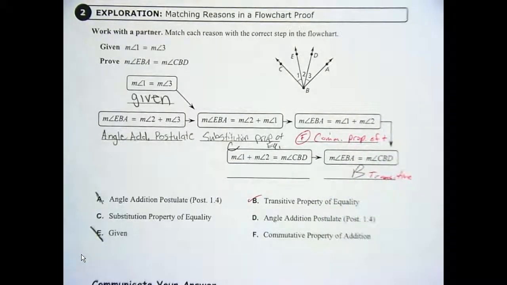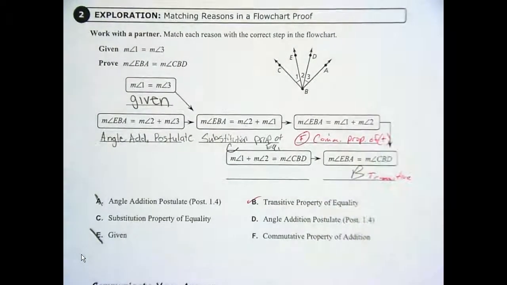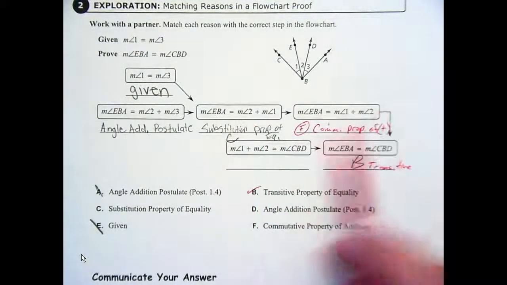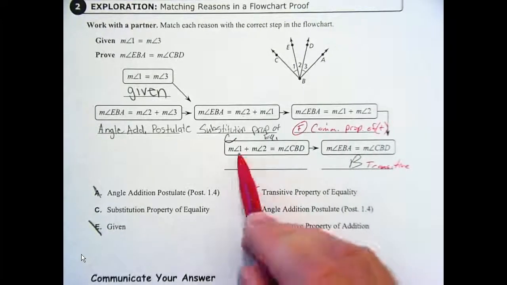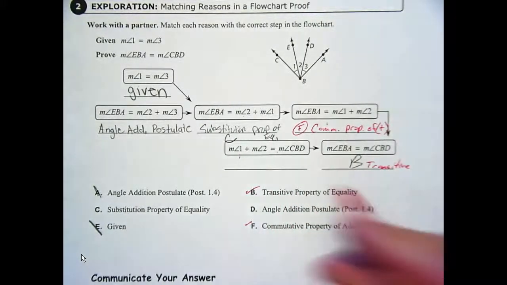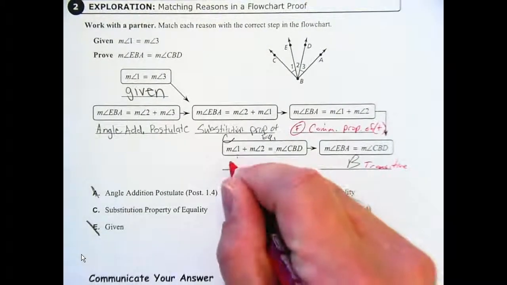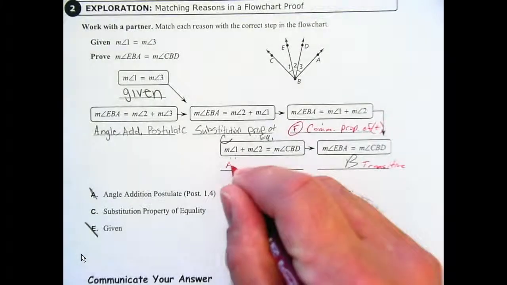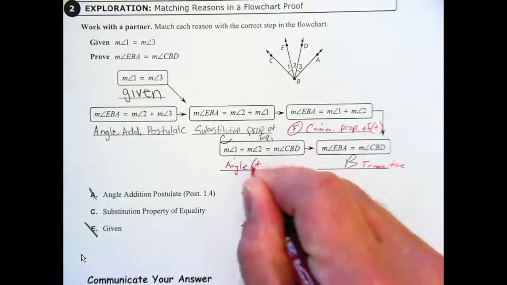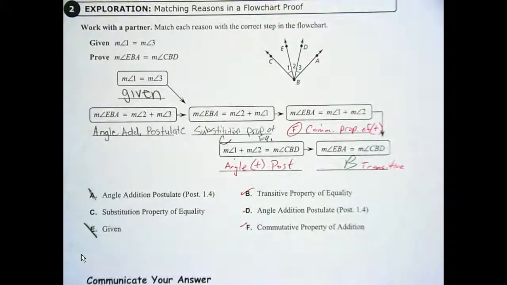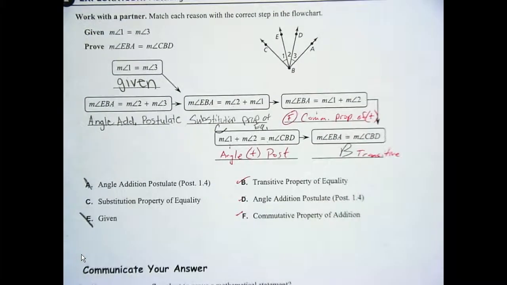So like when you commute from home to school, you're moving. All you're doing is moving these two things here. And which makes this one, what is that one? Angle addition postulate. All right. Any questions on it?